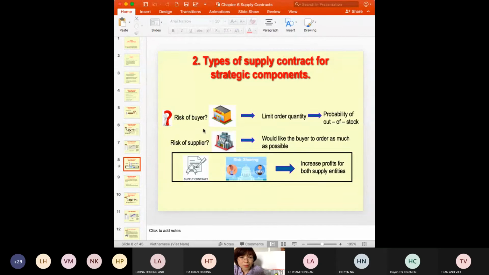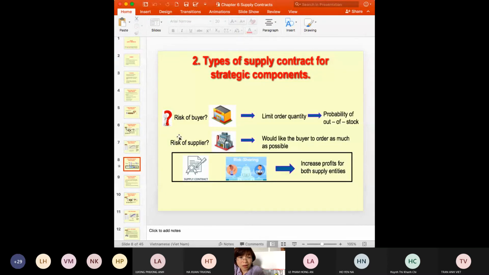The risk for the buyer, if they limit order quantities, is the probability of running out of stock, not having enough product for their selling.